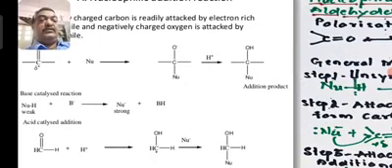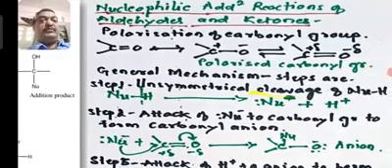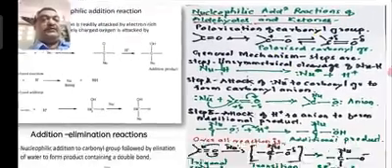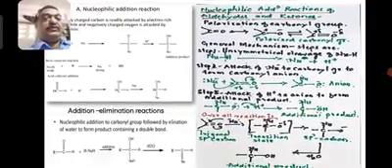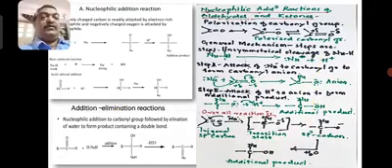It will come in contact with the nucleophile in the next reaction step, and it will form the addition product. In general I have represented it by hand, so please don't get confused here. Whatever I have explained, the same thing will be explained with this diagram.